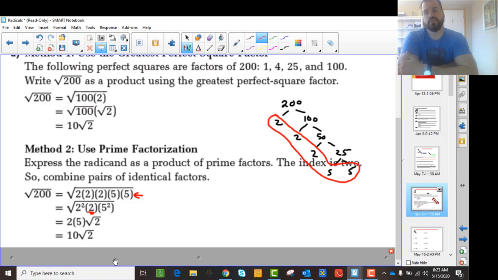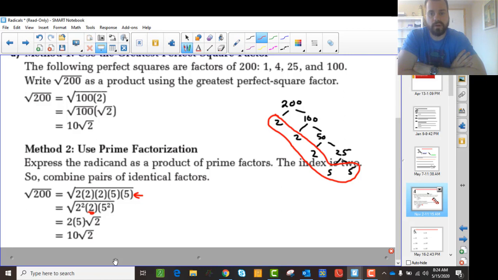So there's two ways to do it. My suggestion is the greatest common factor method, the first method that we talked about, is quicker, but it's prone to problems if you find a perfect square factor or a perfect cube factor or whatever the case might be that's actually not the greatest perfect square factor. Then you might have to do it more than once.